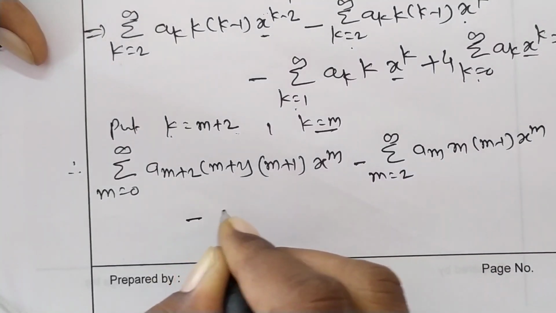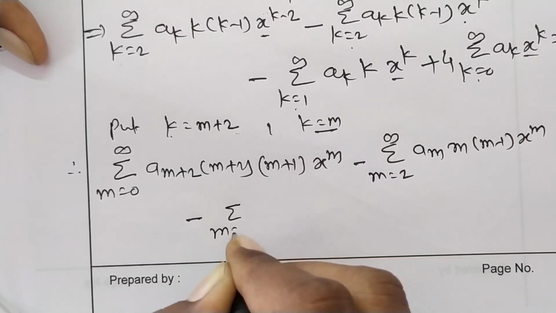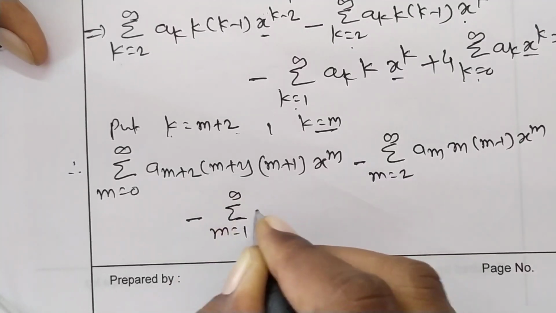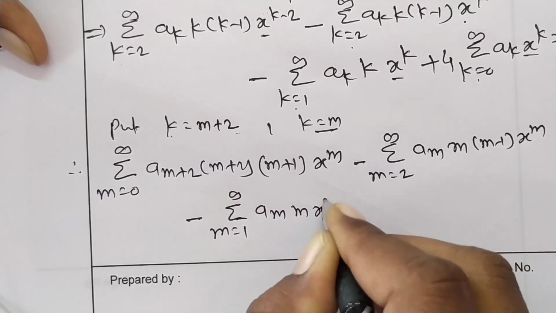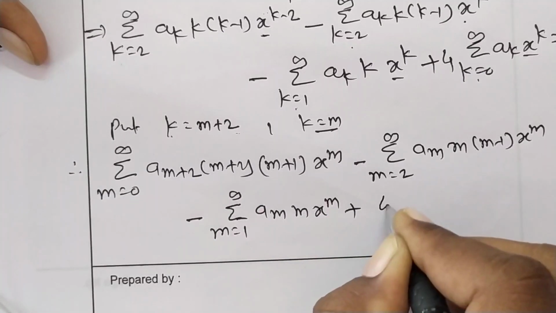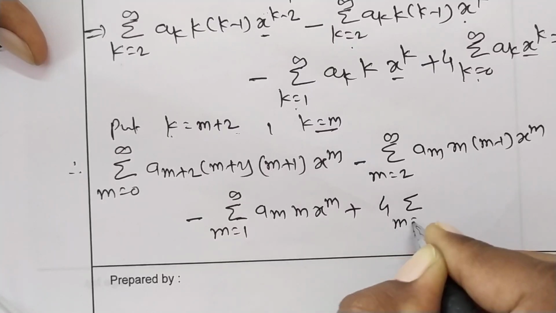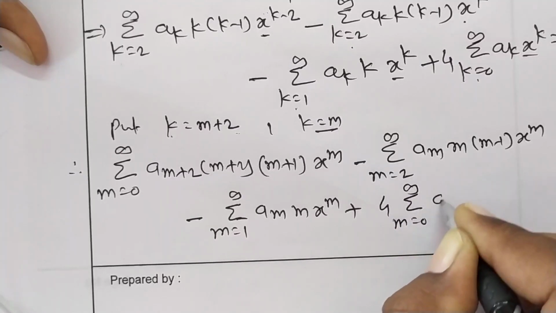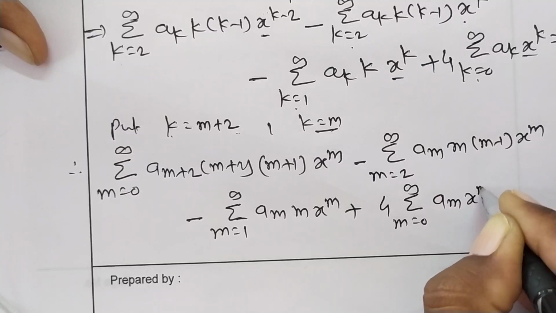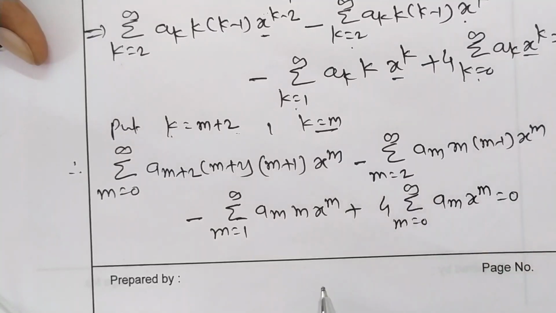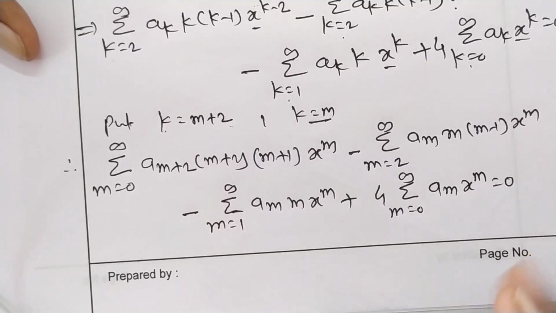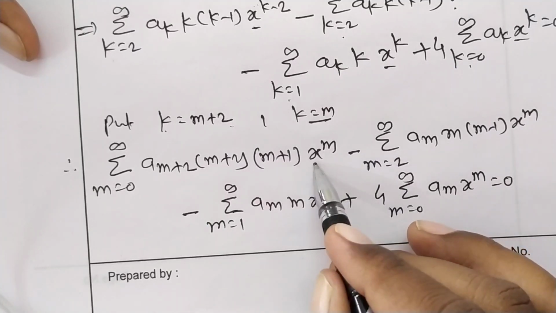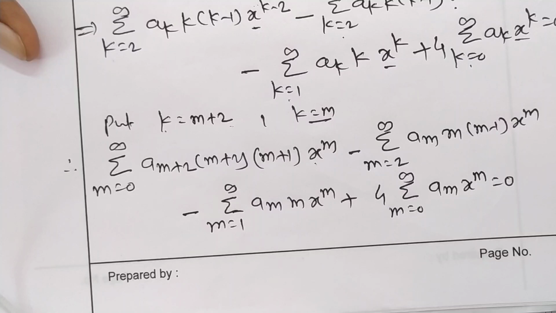Next series: minus summation of m varies from 1 to infinity, a_m m x to the power m, and plus 4 into summation of m varies from 0 to infinity, a_m x to the power m equal to 0. Now we have to equate the coefficient of x raised to m from LHS and RHS.